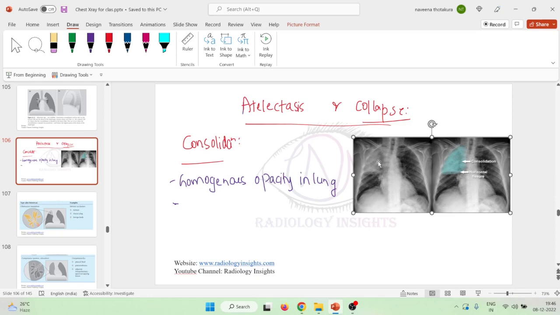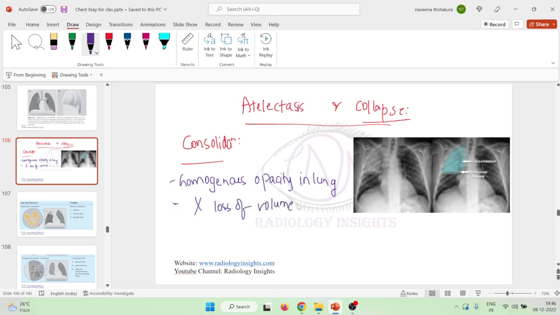So completely it looks white. Normally the lungs will be almost grayish to blackish in color. If this whitish color is seen, this is opacity. So homogeneous opacity in the lung is consolidation with no loss of volume. There will be little or no loss of volume at all.